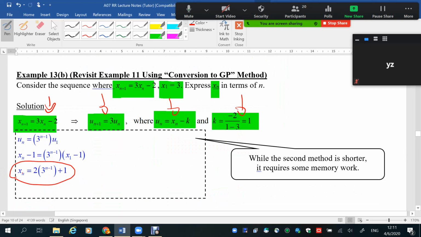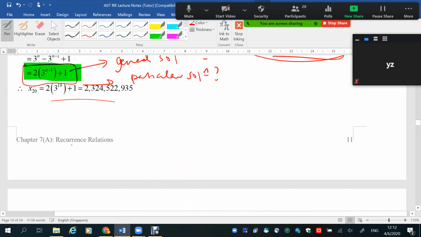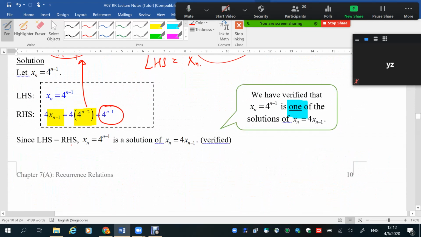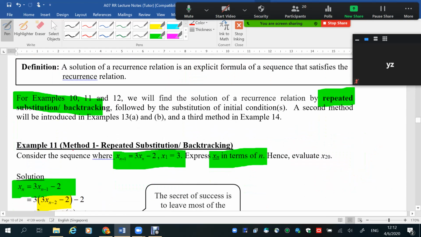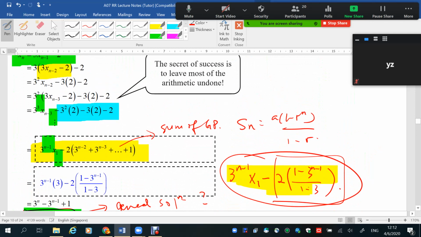It is very, very fast for you to write down the general term. This example is exactly the same as your example 11. So if you recall how you handled 11, let's scroll back. How I found the general solution for example 11 using the backtracking method: we basically backtrack, and then we spot the pattern. The process is quite tedious, but it's a dead process. All you need to do is spot the pattern.